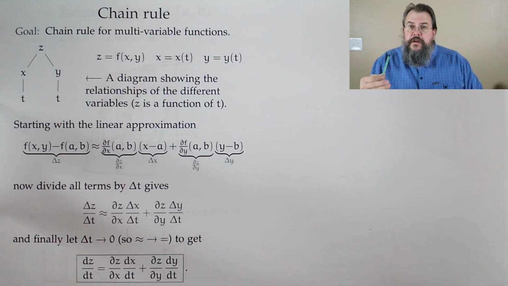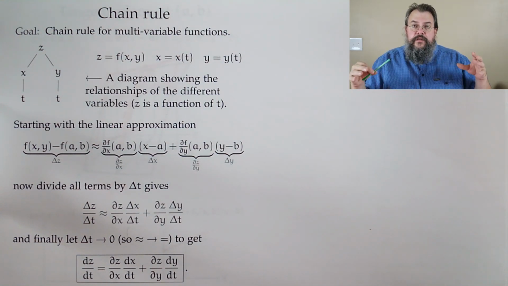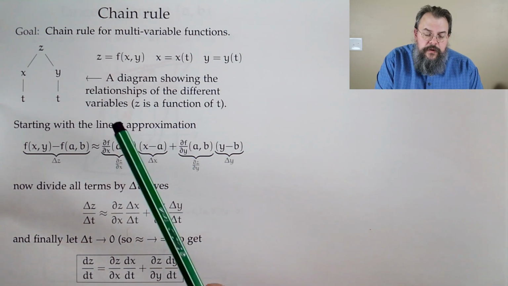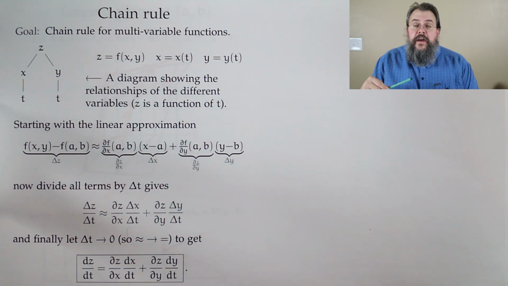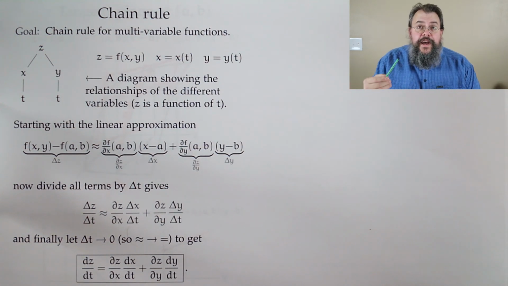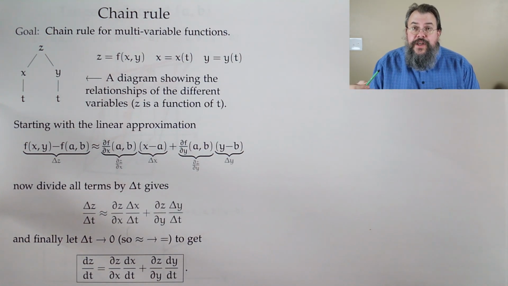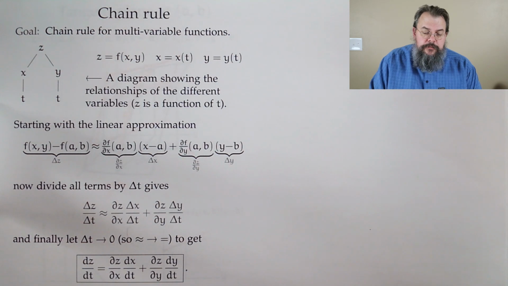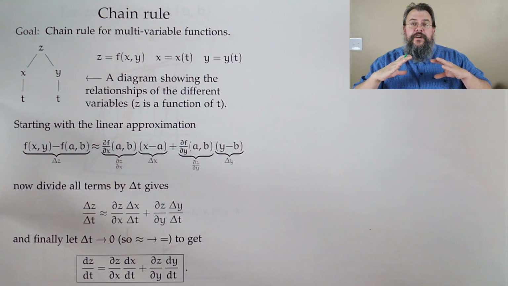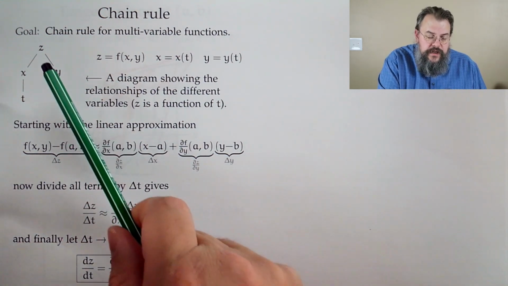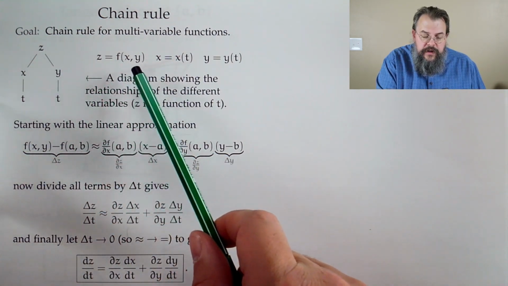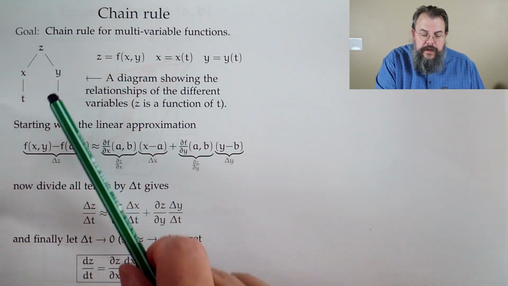But oftentimes, once you see how one case works, it generalizes fairly straightforwardly. We say, look, z is a function of multiple inputs, x and y. But x is some function of t, and y is some function of t. So we can talk about a hierarchical diagram. How do the variables relate to one another? We say, look, z is a function which depends on two things, x and y.